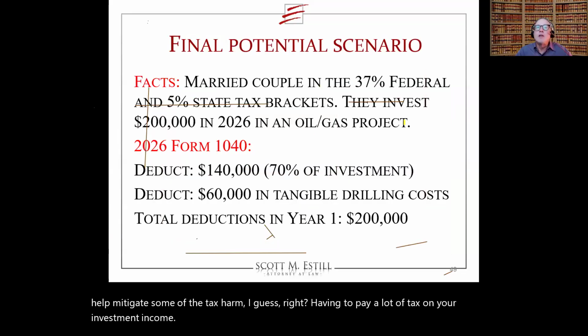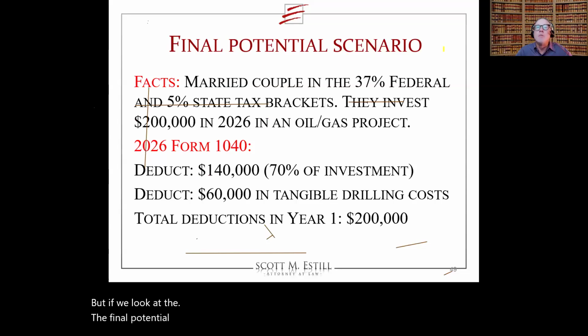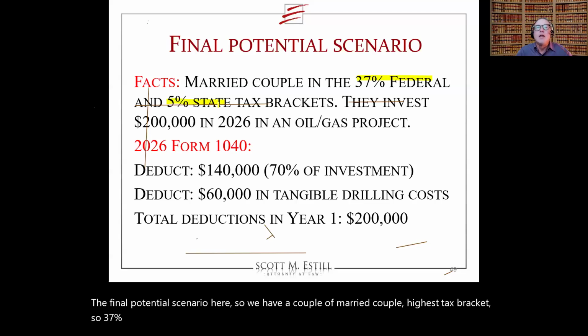But if we look at the final potential scenario here, we have a married couple in the highest tax bracket, so 37% federal, 5% for state, and they invest 200K in this oil and gas project.